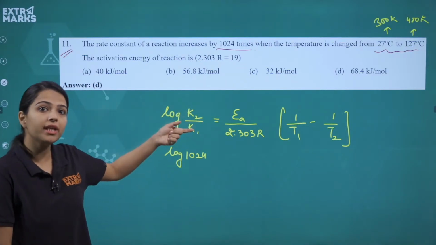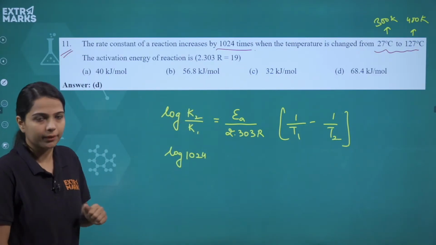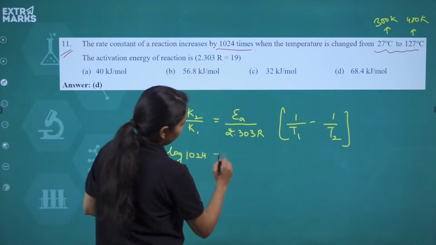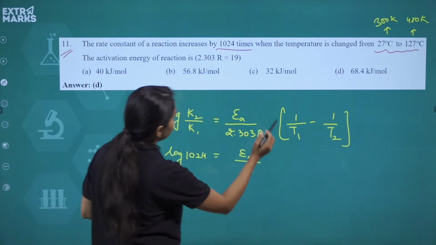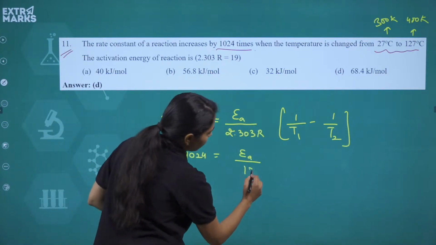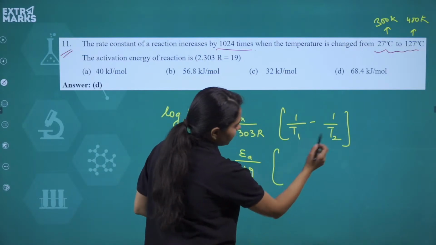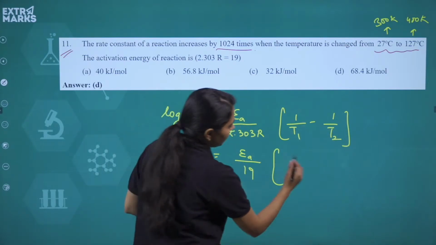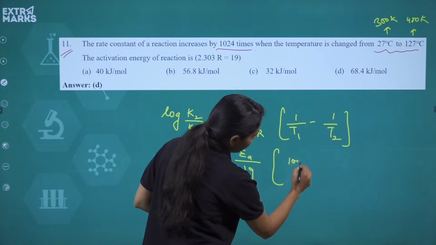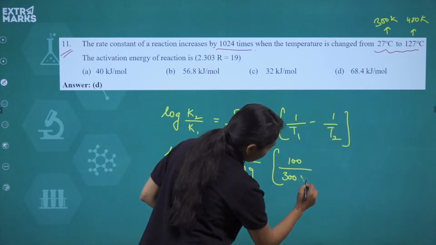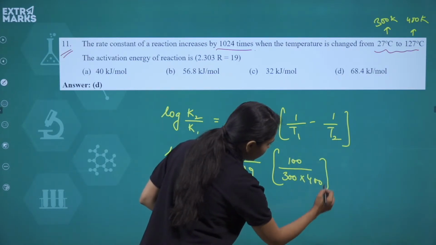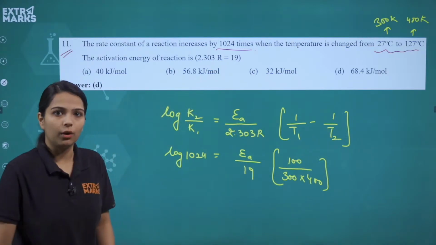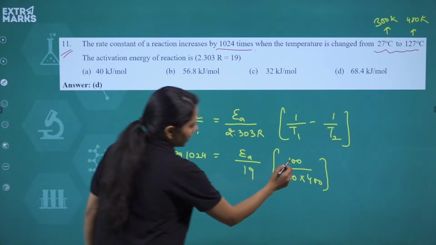So K2 is 1024 times K1. So we have just substituted the value here. Ea upon 2.303 into R is 19, 1 upon T1 minus 1 upon T2. So the difference is actually 100 upon 300 into 400, because you have to take the two temperatures in Kelvin. Okay, now zeros are cancelled here.